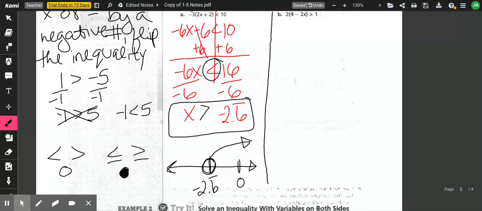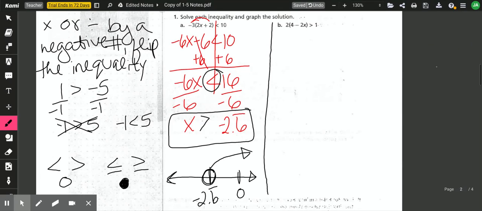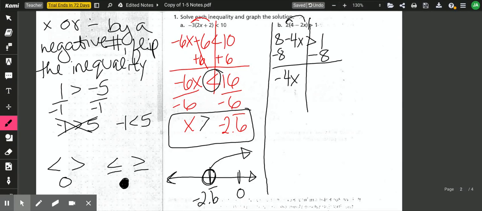If you're a little confused by the graphing, that's okay. We're going to try another one. I'm going to try this second problem. I'm going to distribute. I can draw my line through. Right now I have a greater than sign. 2 times 4 is 8. Minus 4x is greater than 1. I'm going to minus 8. -4x is greater than -7.